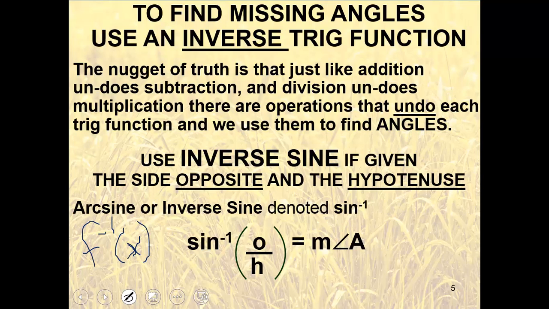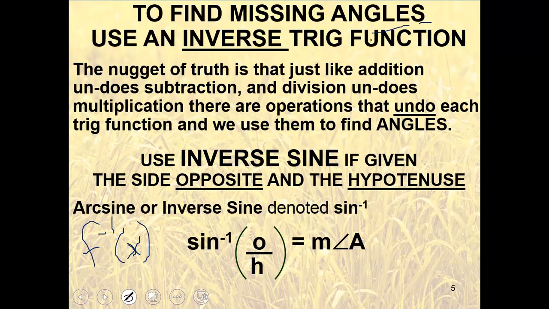All right. Okay. Here's a little nugget of truth. Okay, so we have these inverse operations. Addition undoes subtraction. Division undoes multiplication. So there are these inverse trig functions that undo the trig functions. All right. So we use them to find angles.